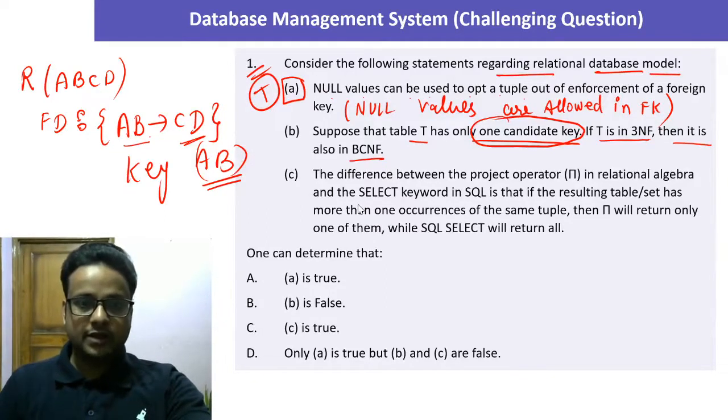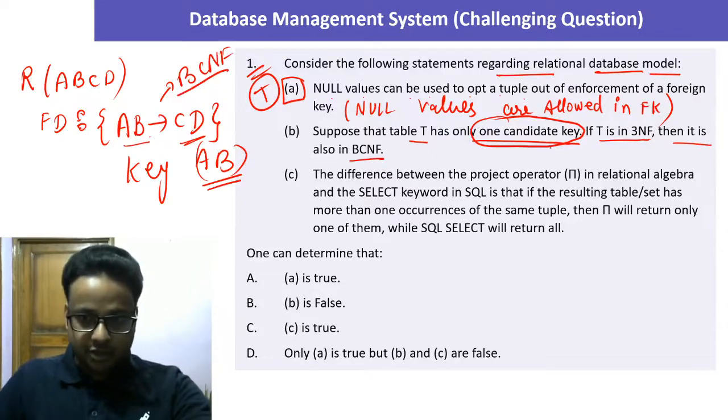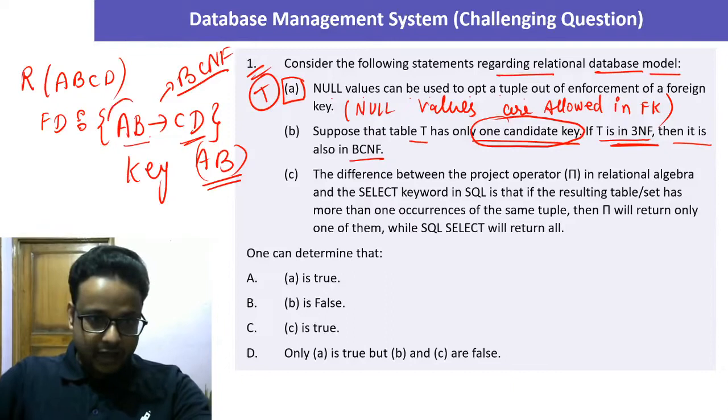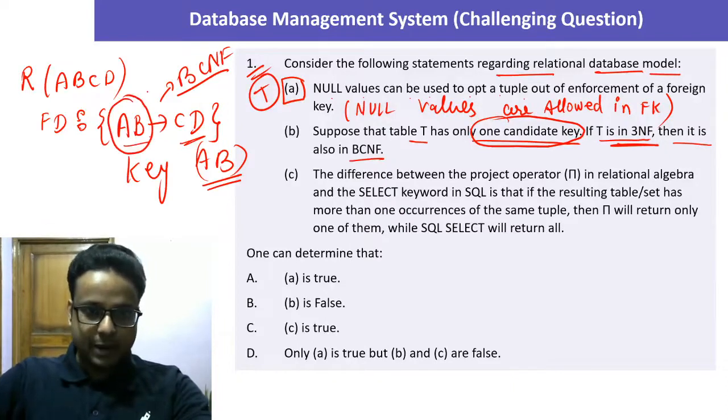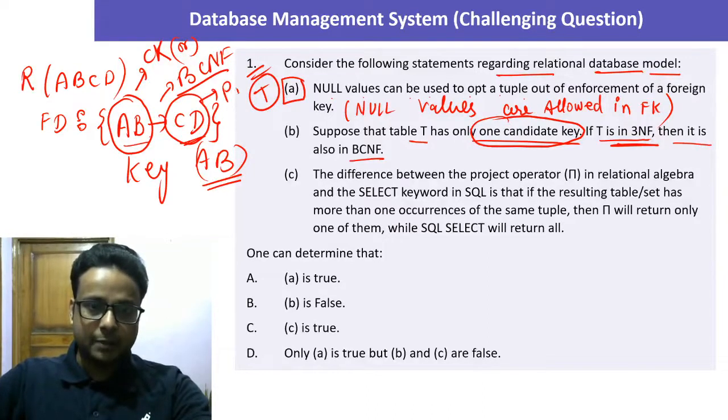You can take any example, no problem. If it is in 3NF, then definitely it will be in BCNF also. Why? What is the definition of 3NF? 3NF says either the left-hand side of the functional dependency is a candidate key, or the right-hand side is a prime attribute.